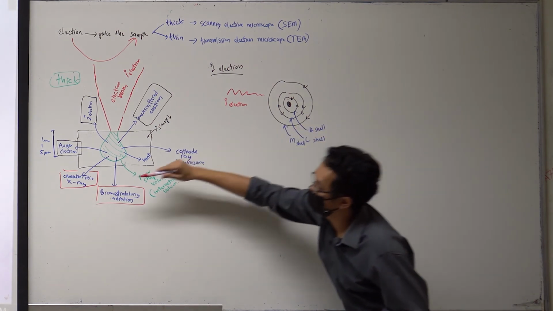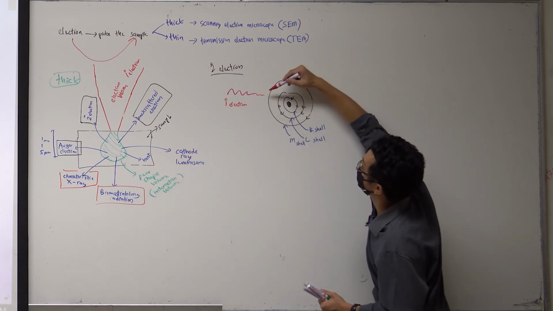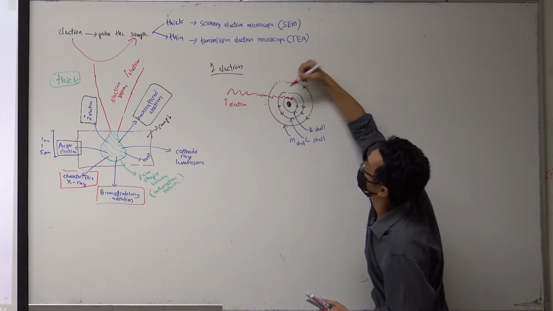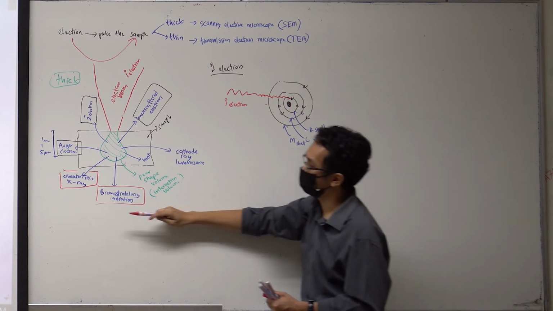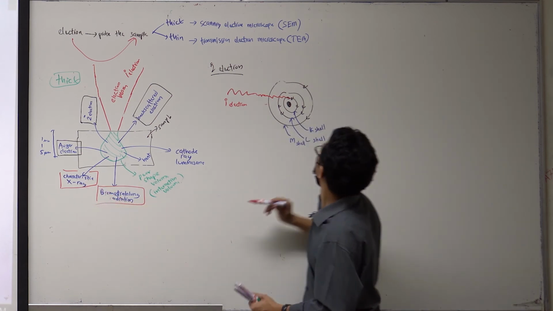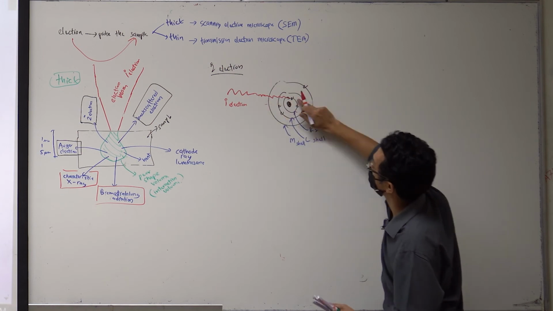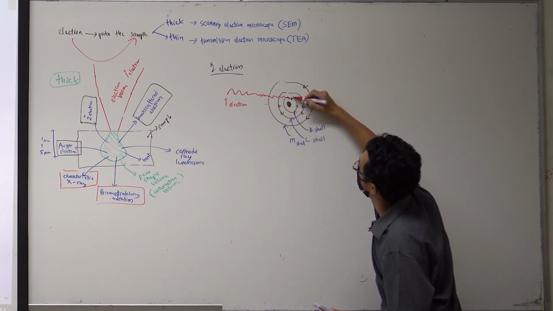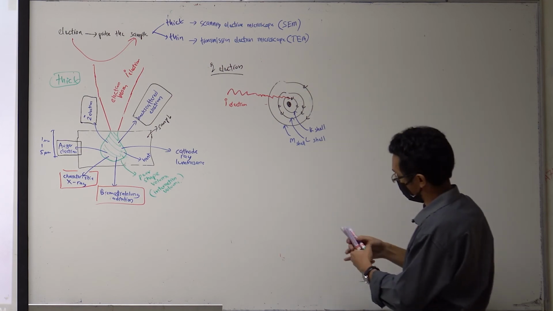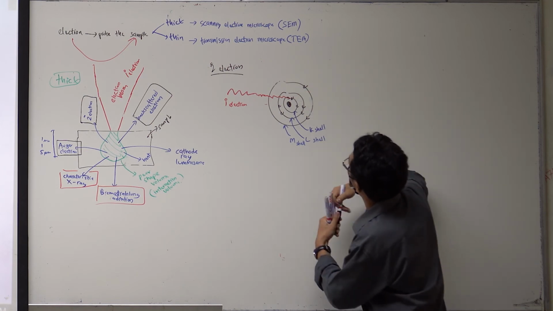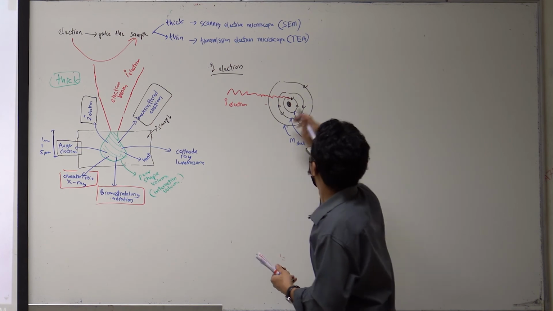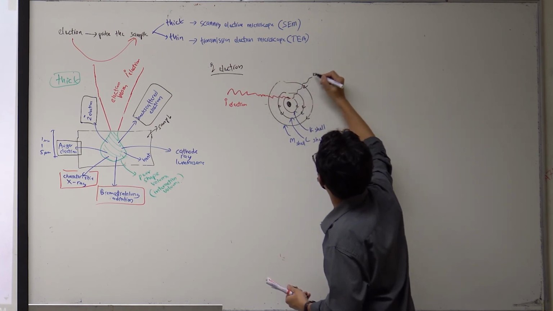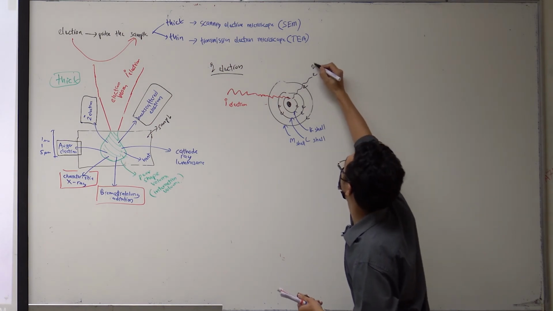You know about characteristic X-ray and Bremsstrahlung radiation. This electron is also capable of hitting the core electron, because the story is not finished yet. When you hit the core electron, this electron comes out. So this is the secondary electron.